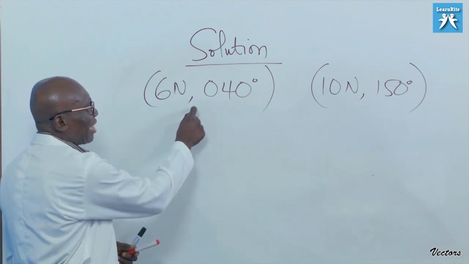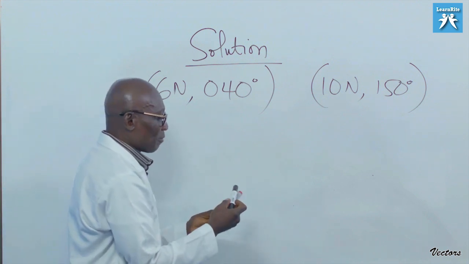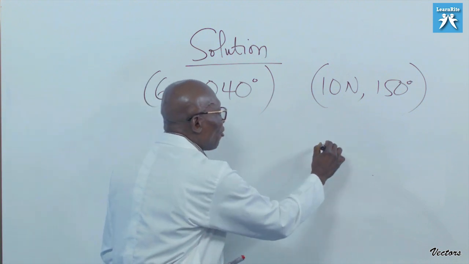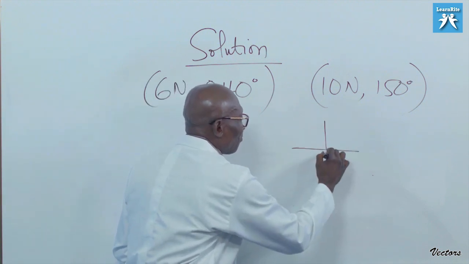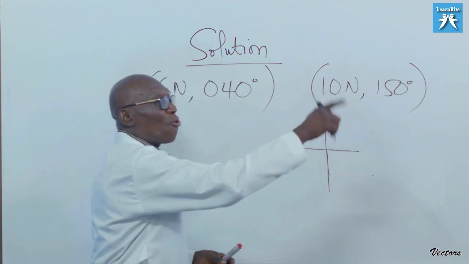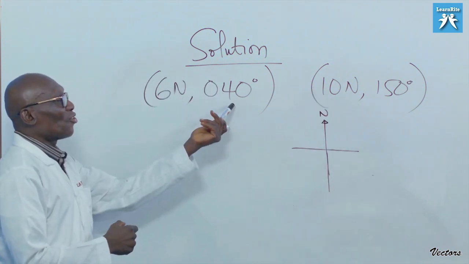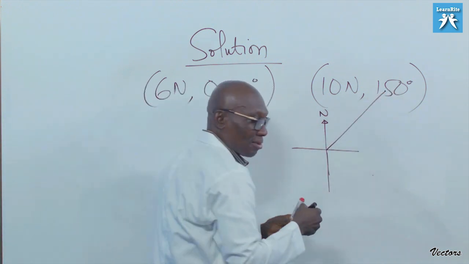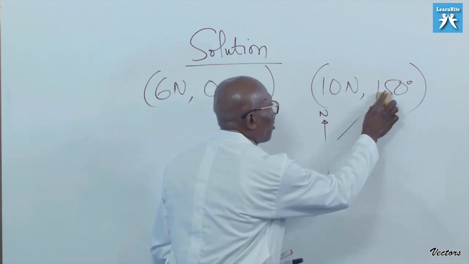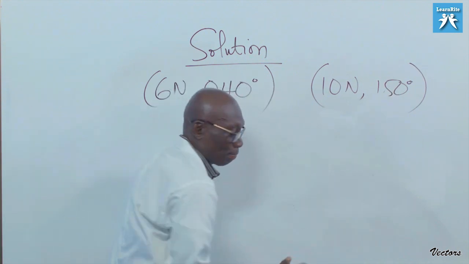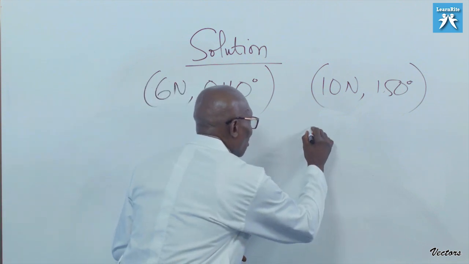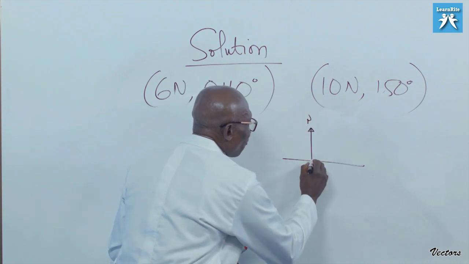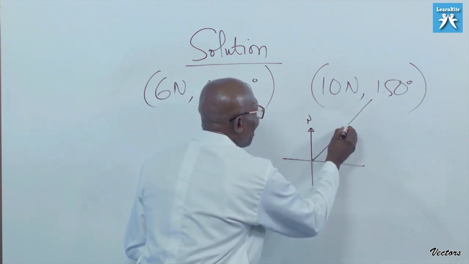Now, when I take this vector, this is how it is drawn, on a bearing of 40 degrees. And you know bearing, we start from the north and we go clockwise through an angle of 40 degrees. So I start from the north through an angle of 40, and this is the vector.